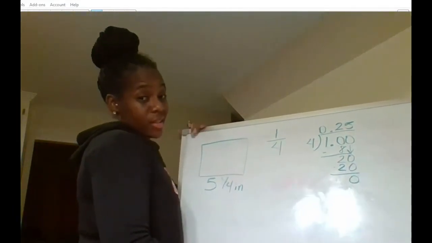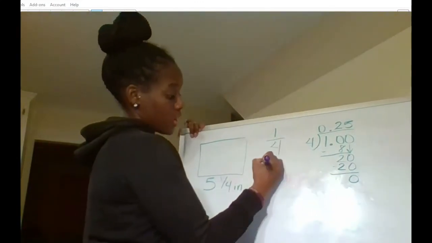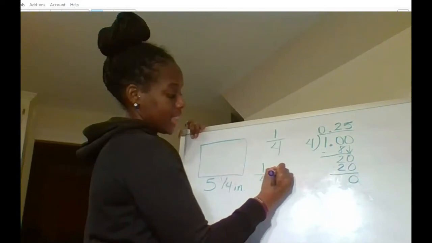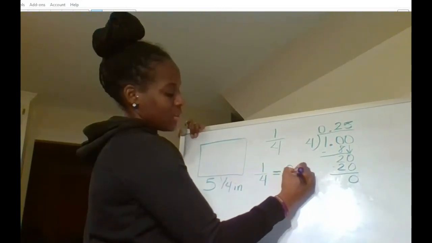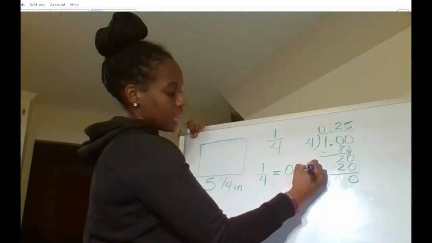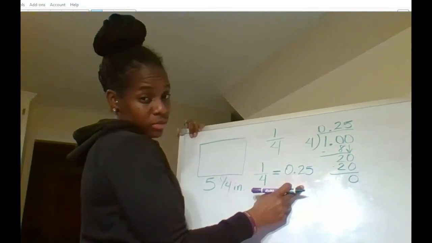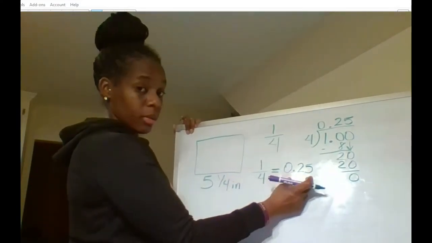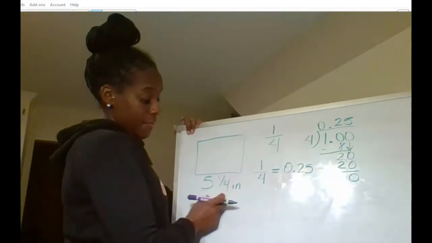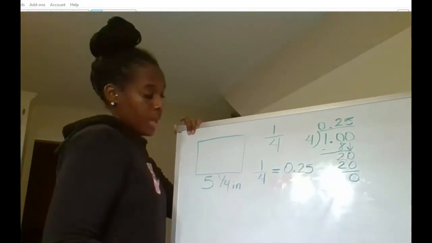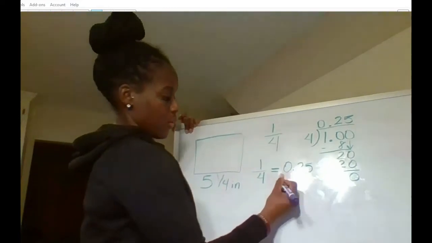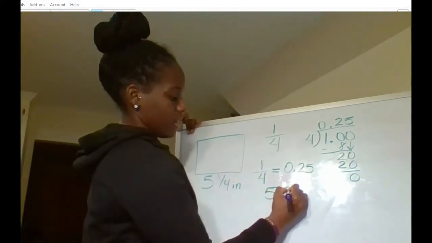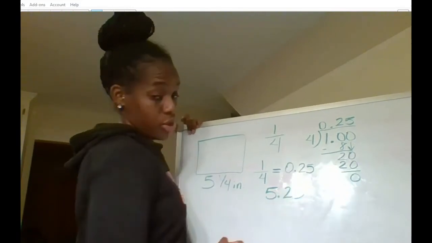So our answer, 1/4 as a fraction is equivalent to 25 hundredths as a decimal, right? Now we weren't only working with 1/4, we were also working with 5. So now we take 5 and add it to 25 hundredths for an answer of 5 and 25 hundredths.